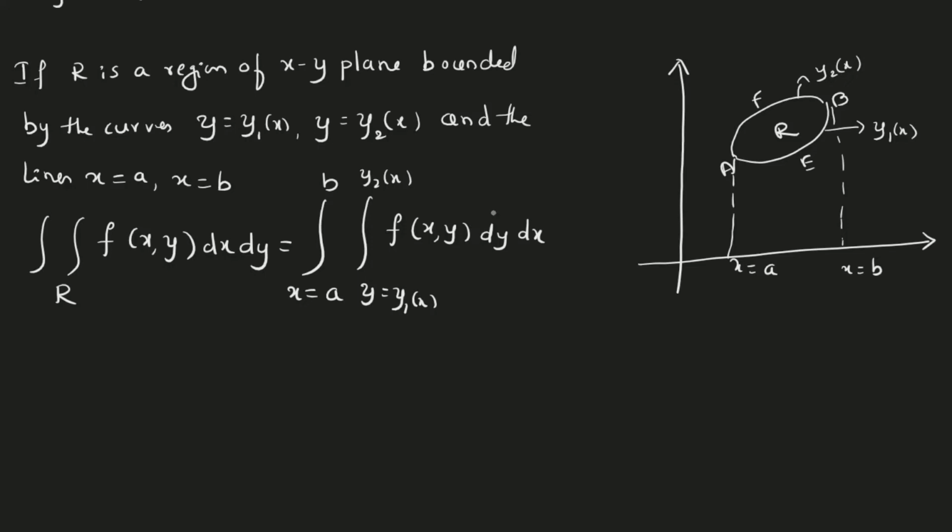Further, the integral can also be expressed in the other form, as in the previous one where we interchanged the order with constant limits. Here also you can change, but you must be careful. Whenever you change, here y is expressed in terms of x and x in terms of constants a and b.